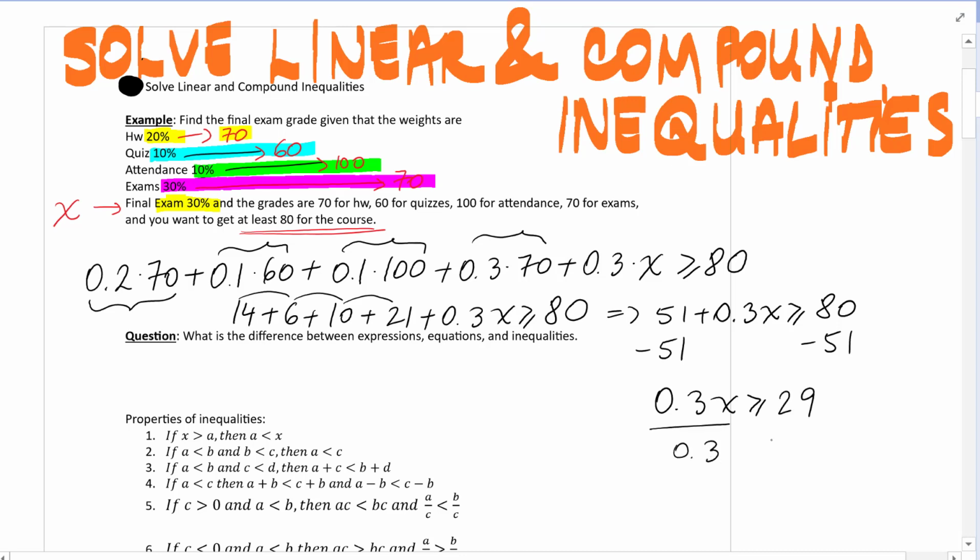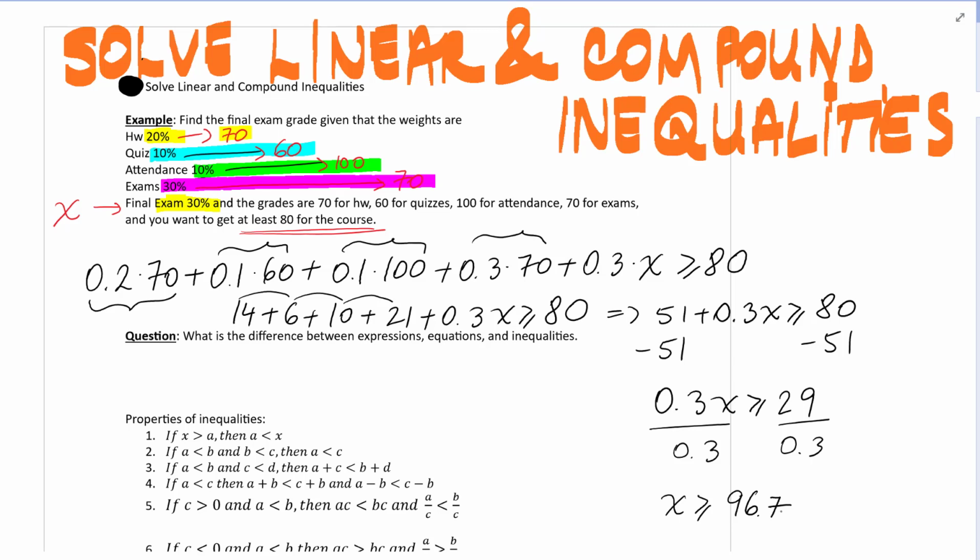Divide by 0.3 on both sides. And we get x greater than or equal to 96.7. So in order for you to get at least an 80 for the course, you have to get at least a 96.7 for the final exam.